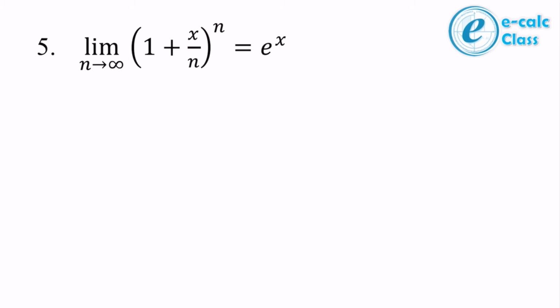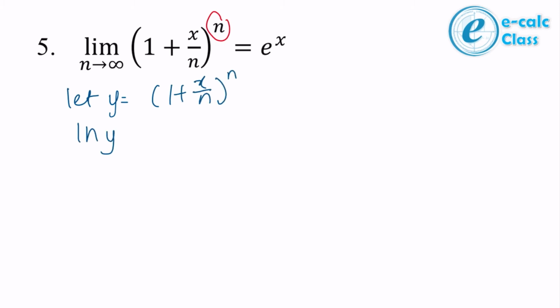Then what can we do? Like what we did just now, we need to make this power come down. So I'm going to take y as (1 plus x over n) to the n. Now I can take ln on both sides. ln y is n times ln of 1 plus x over n, bringing down the power. Can I use L'Hopital's rule now? I need to make it into a quotient.